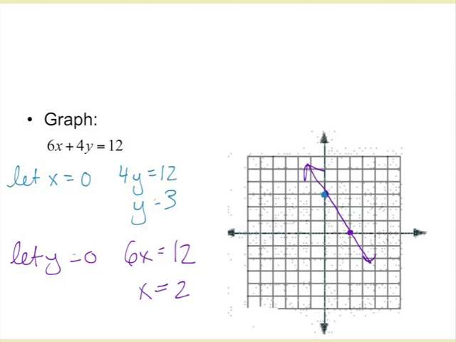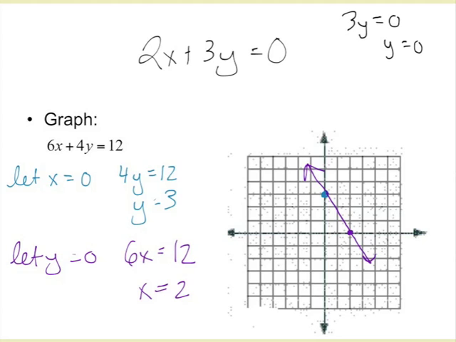One situation where the standard form cover-up method is not going to work for you is if you have something like 2x plus 3y equals 0. Because then, if I let x equal 0, then I would have 3y equals 0 and get y equals 0. Well, x is 0, y is 0 is the origin, and so that's only 1 point, and you need 2 points to be able to connect the dots.